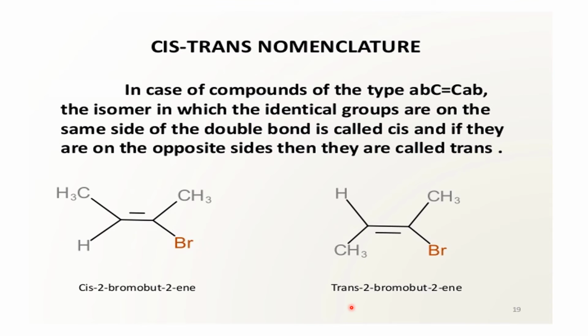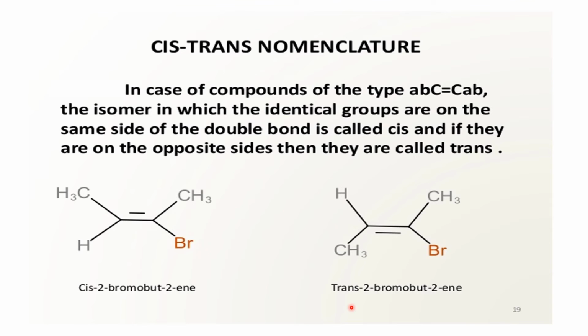But there are many molecules having a carbon-carbon double bond, but they have different atoms or groups of atoms attached to them. To identify such double bonded compounds, we introduce a new notation called E and Z notation.